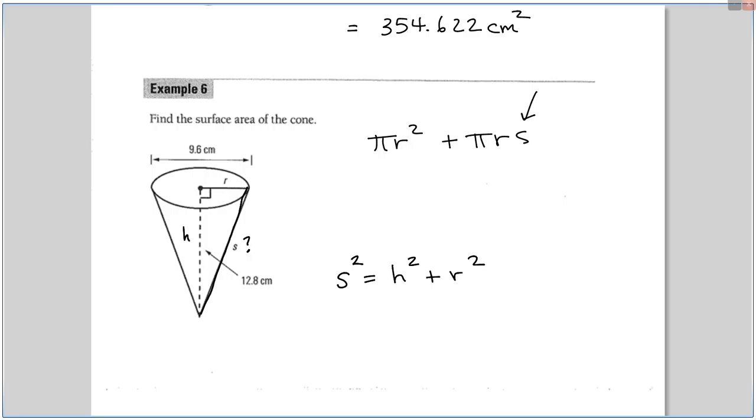Is that okay for people? H and R represent the short sides. H is 12.8 and R is half the diameter, so 9.6 divided by 2 is 4.8. Square both of those and square root it, and what do you get?